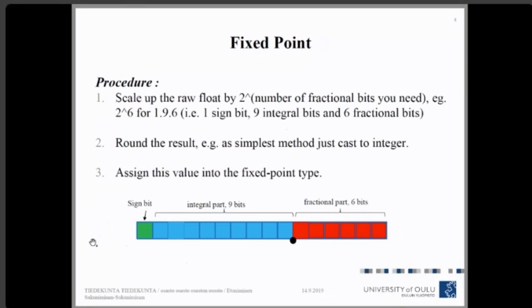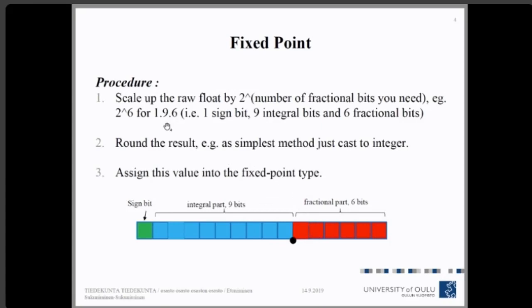So, a fixed point format is made in this manner: we have an integer variable. We dedicate, this is virtual, the compiler is not aware of this, we dedicate some LSBs to the fractional part. Then we have our point, which segregates the integral part and fractional part.